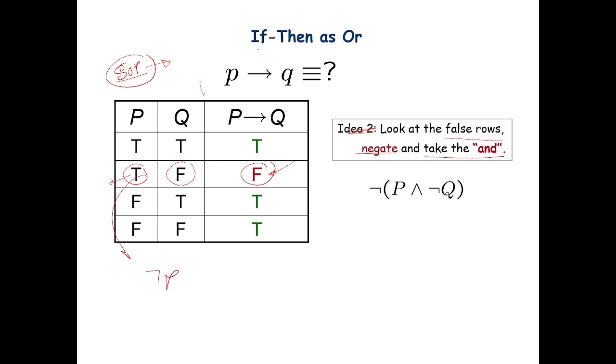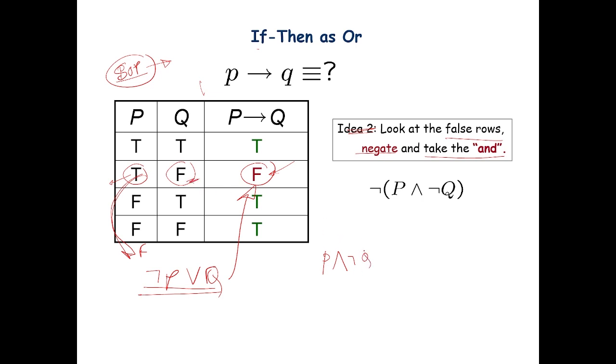This is going to be not P. Make this true or false, and then or Q. Or you could have done it by taking P and not Q. So this becomes true.